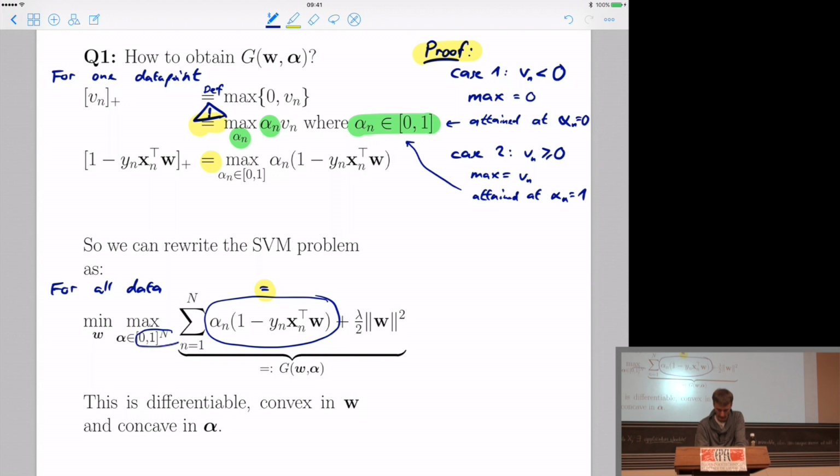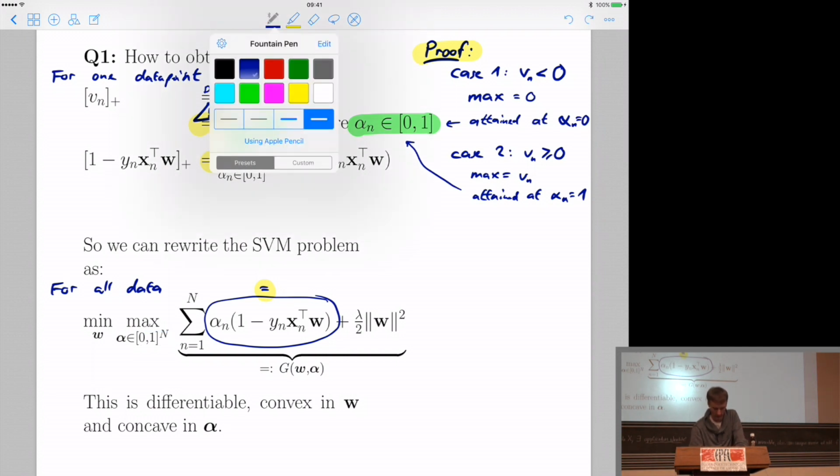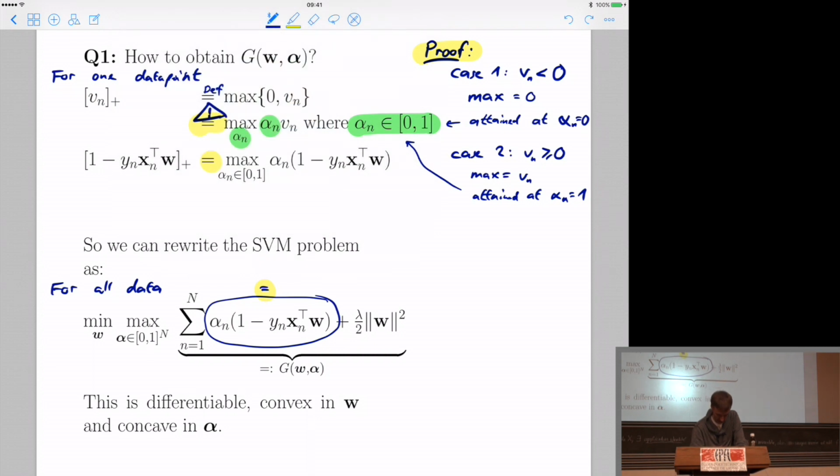So what's this thing here? That's just notation. You can imagine what it means. For each alpha n, it needs to be in the interval, that's the interval to the nth power. So for each n, that's a constraint. Each of them is constrained, and each of them needs to be maximized.